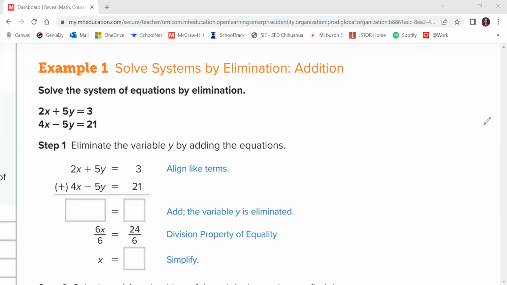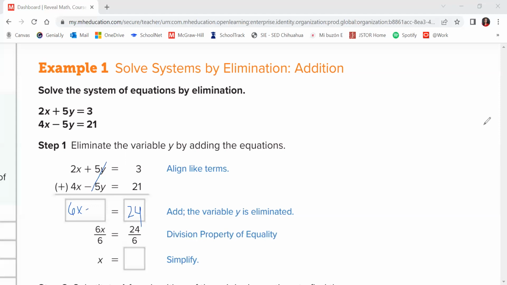So 2x plus 4x is 6x. And 5y plus negative 5y would be 0. So that's where we eliminate the y, okay? It's equal to 3 plus 21, 24.